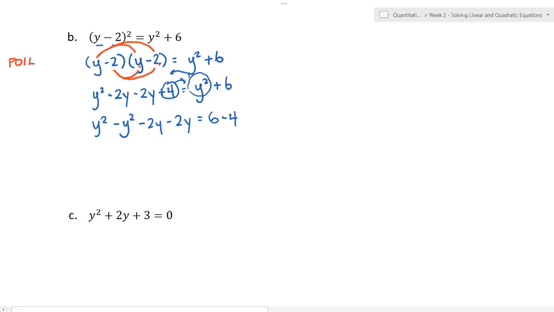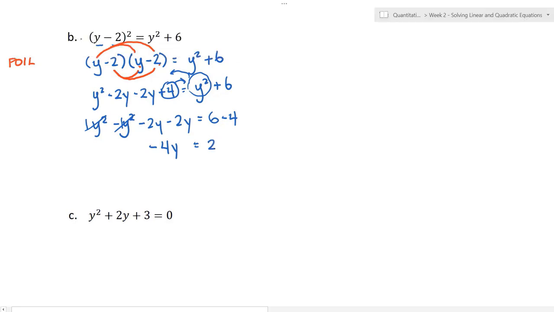So let me simplify this now. Y squared minus y squared, well, that's like saying 1 minus 1. Cancel out, gives you 0. So that's gone. Negative 2y minus 2y is negative 4y. Equals 6 minus 4 is 2.